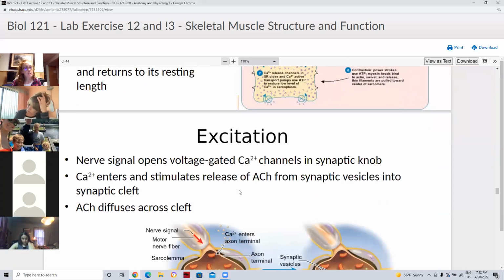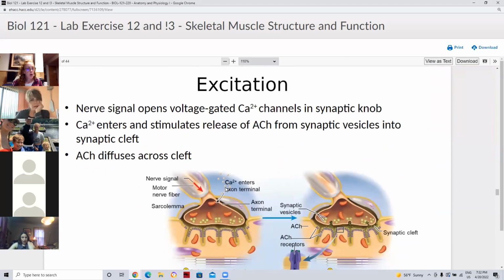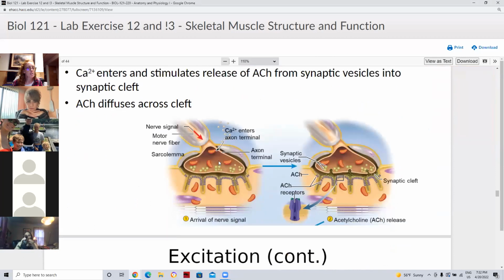So excitation, the action potential comes down the neuron at the axon, and it opens voltage gated calcium channels in the synaptic node. Calcium enters and stimulates the release of acetylcholine from synaptic vesicles in the synaptic cleft.